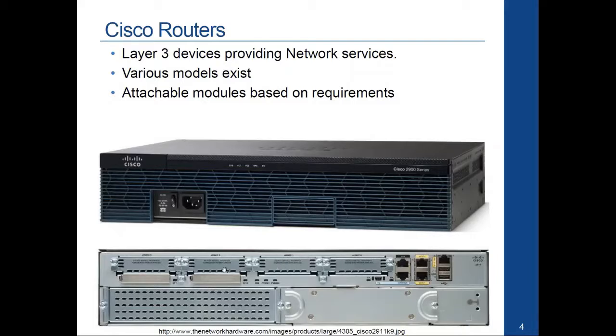And these slots are actually used for expanding your interfaces. So let's say for this case we have only two interfaces. In most cases it won't be enough, so we need expansion ports. For that purpose we are going to be using these expansion slots.